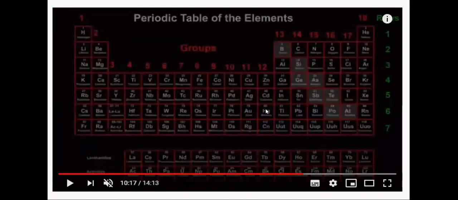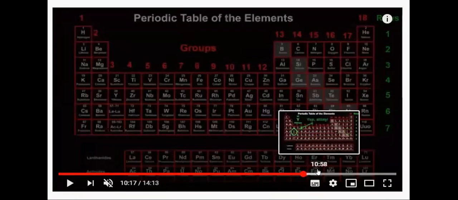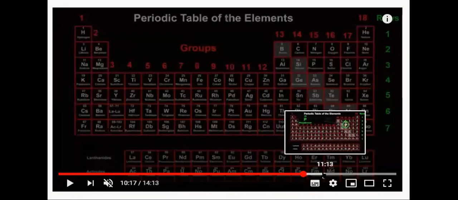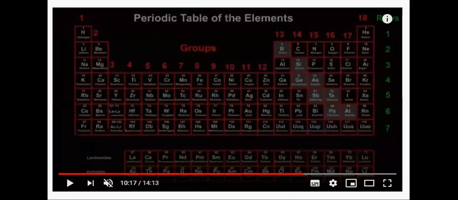Okay, let's look at a semi-metal. Remember, a semi-metal has some properties of a metal and some properties of a non-metal. Just going to go back to my notes on that.